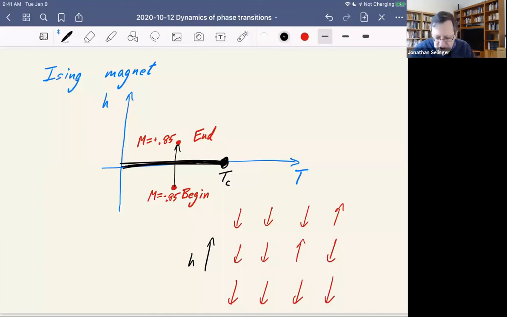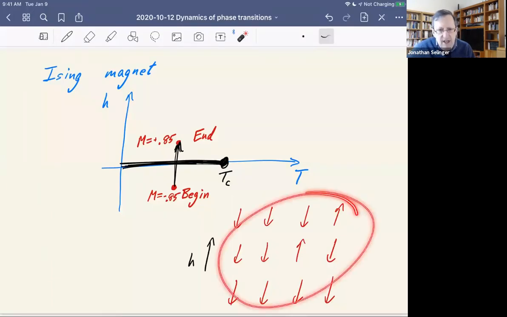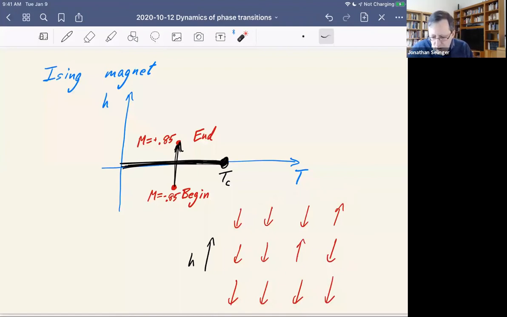In the instant when you first cross the line, and get to that point, the spins haven't had time to change yet, okay? So at some brief moment in time, you have the field pointing up, but the spins mostly pointing down.